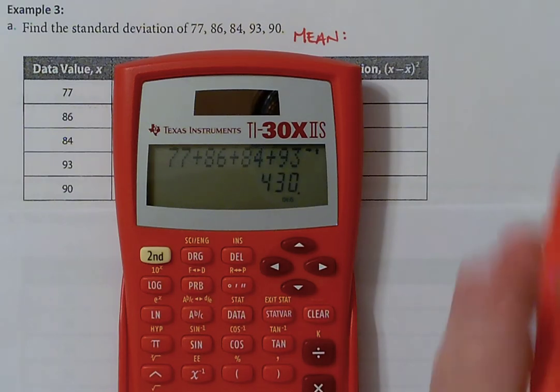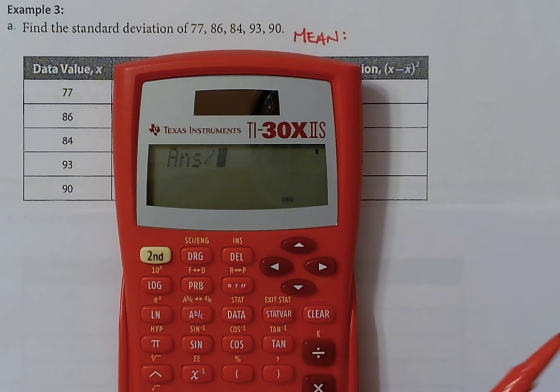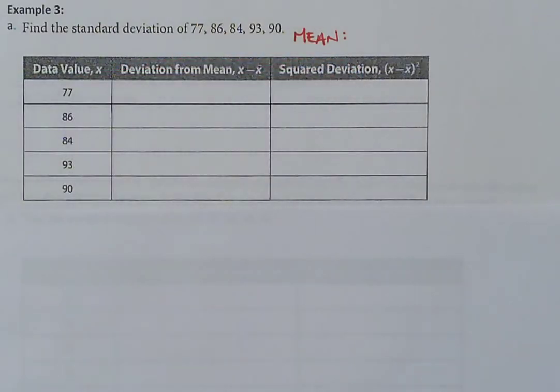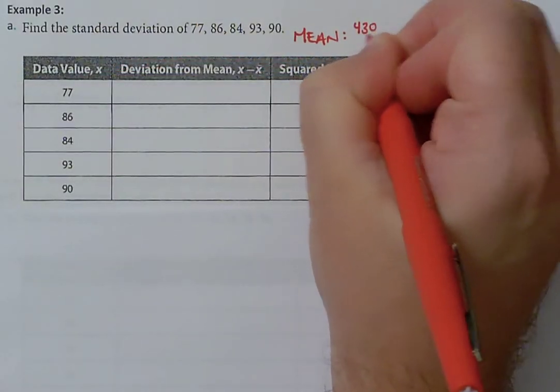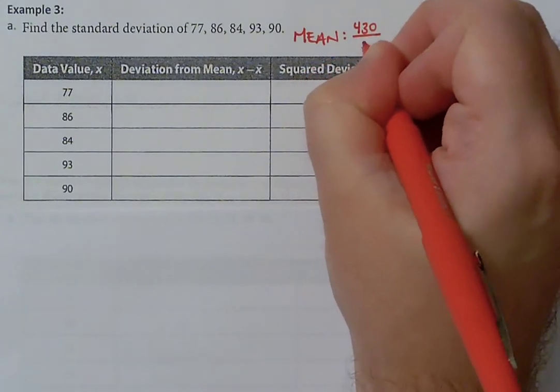So we end up with 430, and then we're going to divide by how many there are, and there's 1, 2, 3, 4, 5 numbers. So 430 divided by 5 is going to give us 86. So that means our mean in this case is going to be 86.